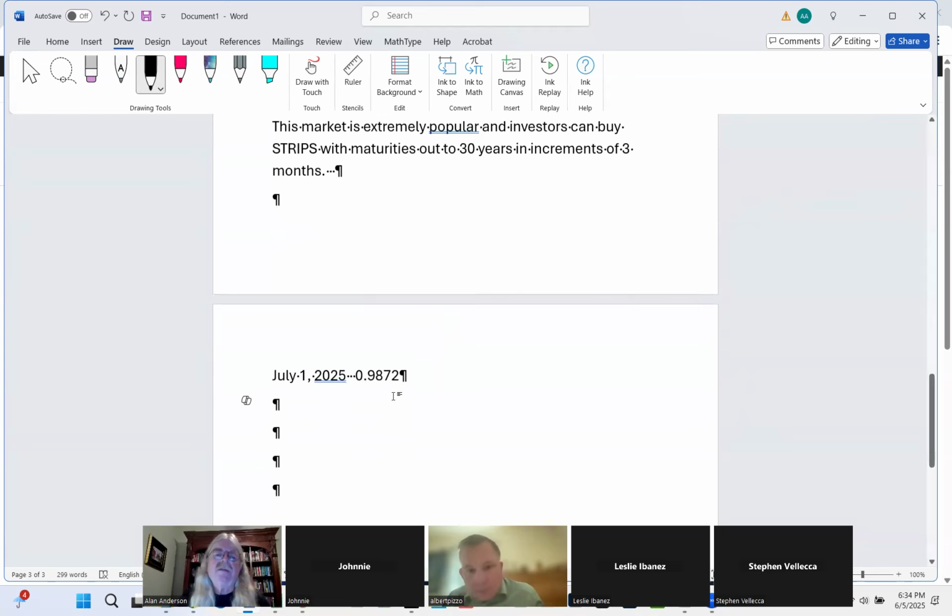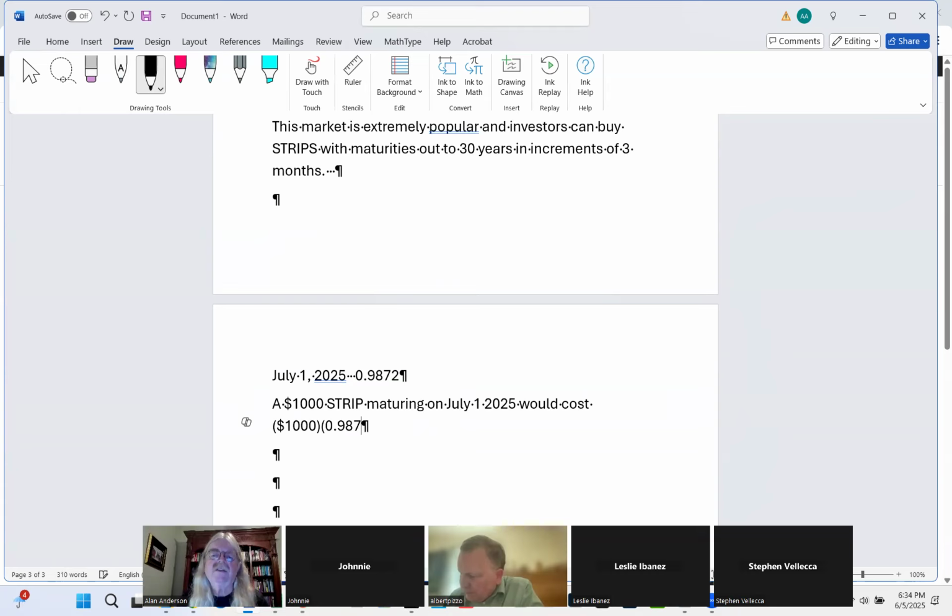And that would have meant that a $1,000 strip maturing on July 1st, 2025 would cost, you multiply the 1,000 times the 0.9872. And so that's how you would know.